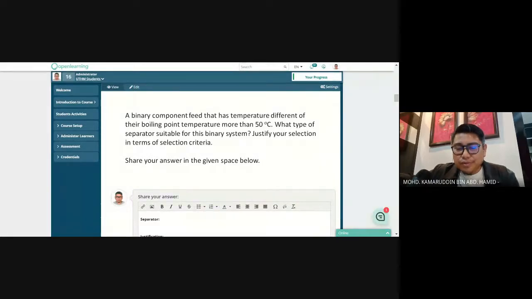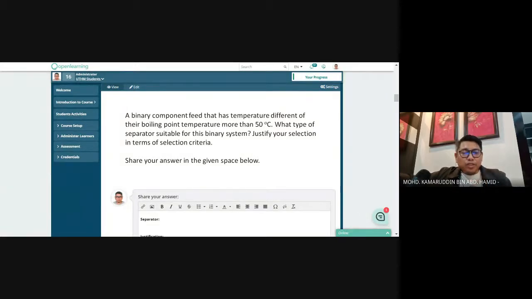Can you use flash here? Azhar, the moment I said flash, he typed flash. Very fast. Okay, Azhar, why flash?